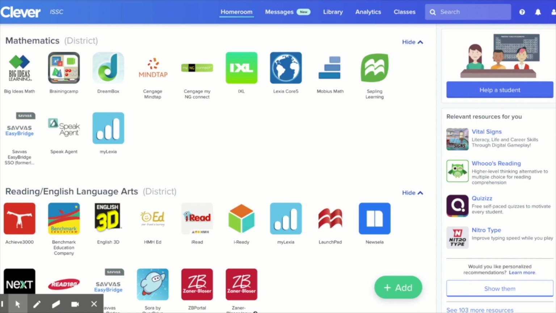The resources that all students have, whether they're at home or inside the classroom, and have been using this year as well, are some different resources through Clever.